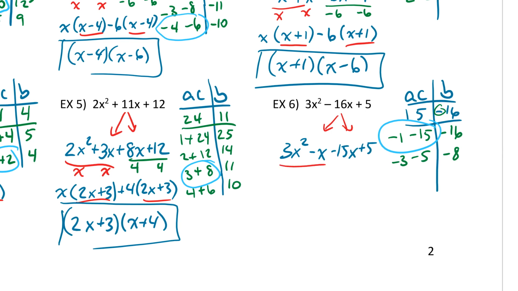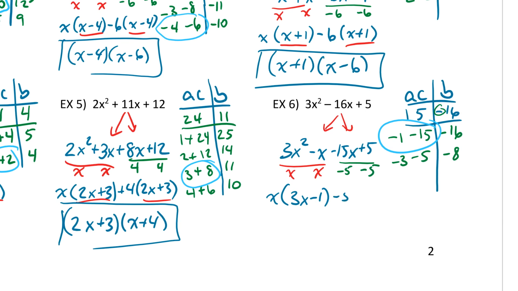And then we can go ahead and split these into groups again. So for the first group, the GCF is x. So we're going to end up with x times 3x minus 1. For the second group, we're going to have negative 5 as our GCF.